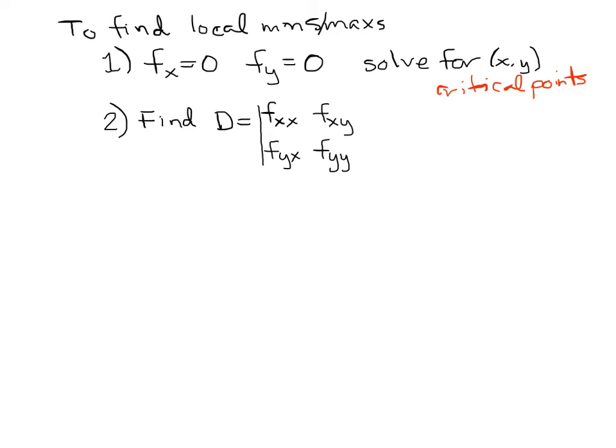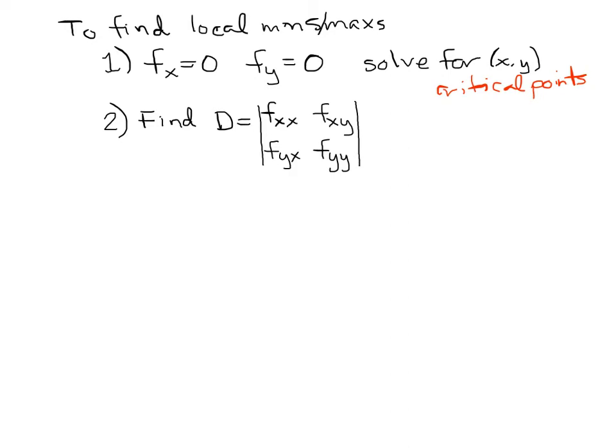I remember this by remembering we're going to do x's first in the first row and y's first in the second row, and then x in the first column, y in the second column. This is also on your equation sheet.